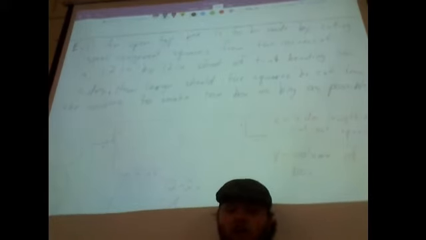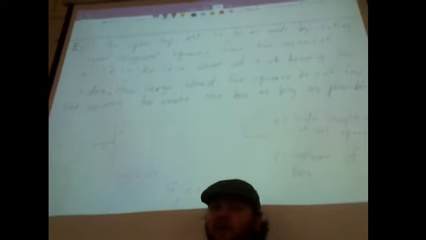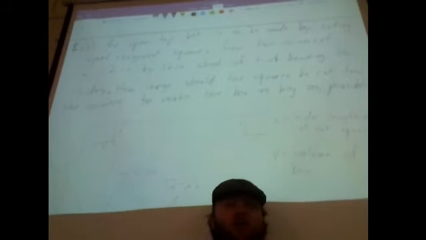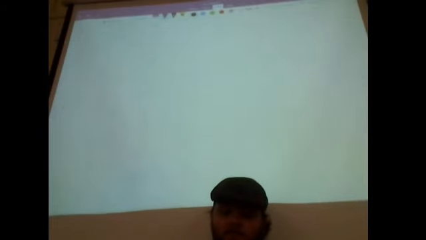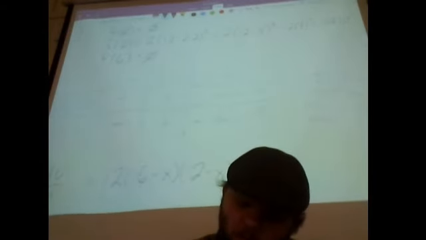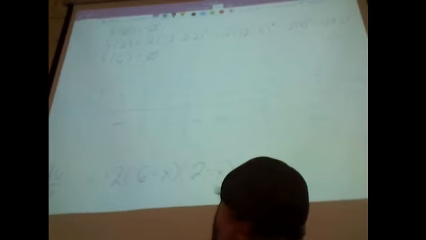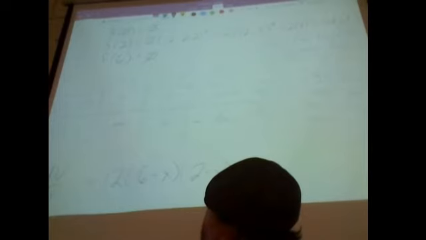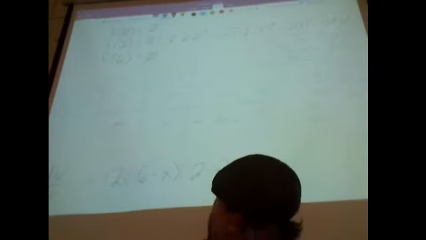So the max volume is 128, but in and of itself, that's not what we're looking for. We're looking for how big should the squares be cut. So you could have also said you need to cut out 4 square inches from each of the corners. Cut 2-inch by 2-inch squares from corners. Okay?